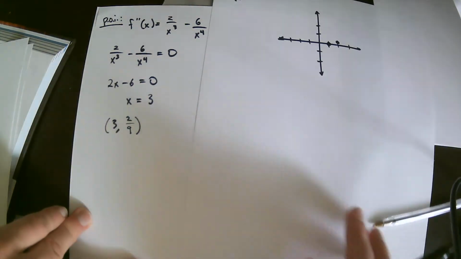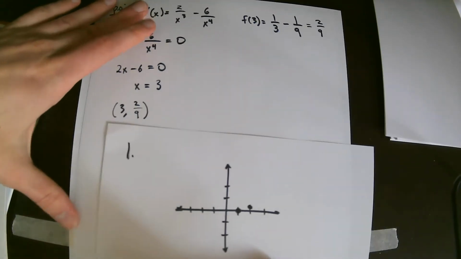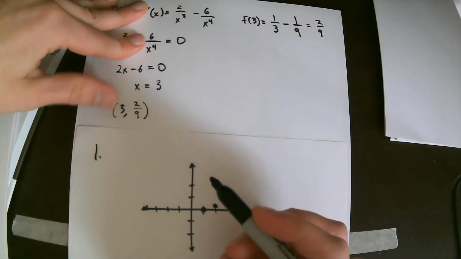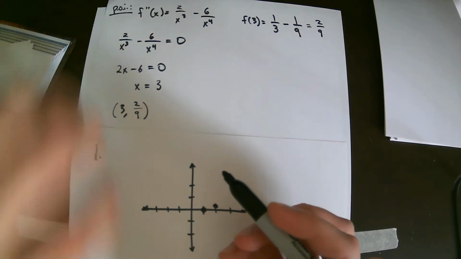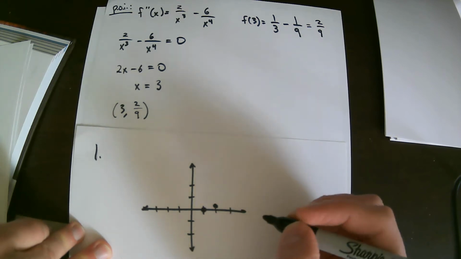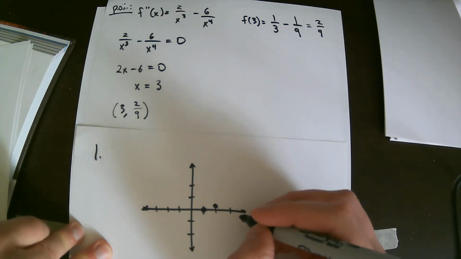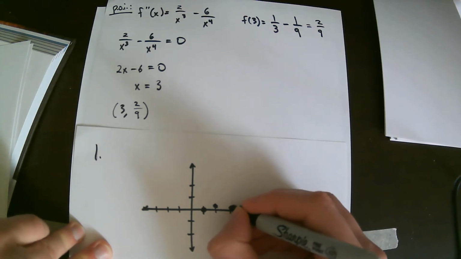But maybe we do if we look at this picture that we already have. So we've got this point of inflection at 3, 2/9. So at x value of 3, and 2/9 is, let's see, 2 over 8. It's a little bit below 1/4.